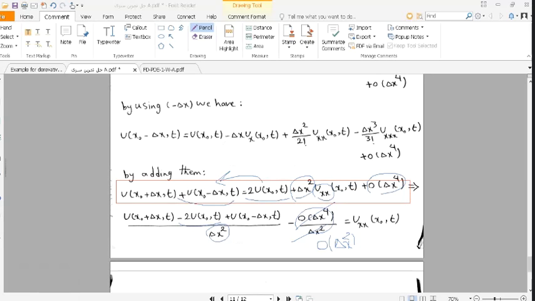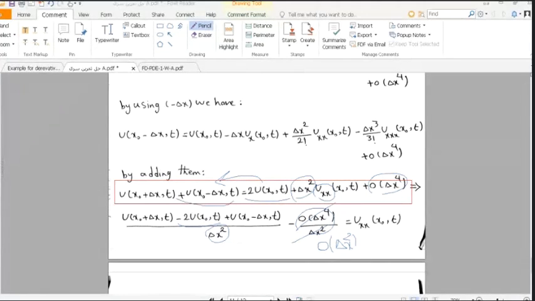Until now, we introduced for you three formulas for first order approximation: forward, backward, and central. These formulas are used for ux, the first derivative of u respect x, or the first derivative of u respect t. But this formula is used for the second derivative of u respect x or respect t.